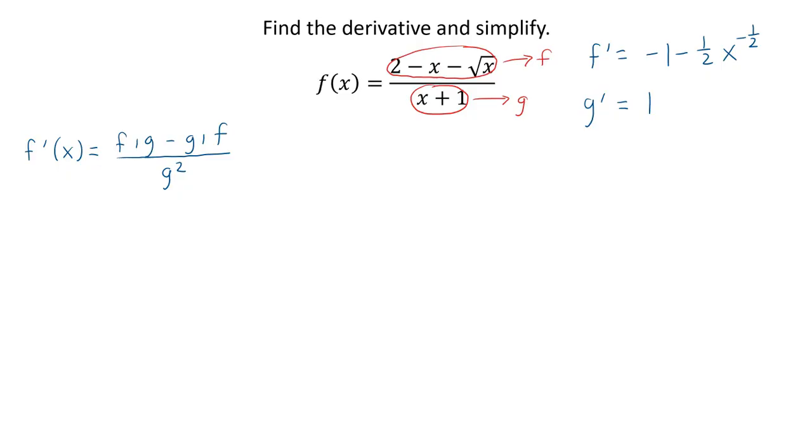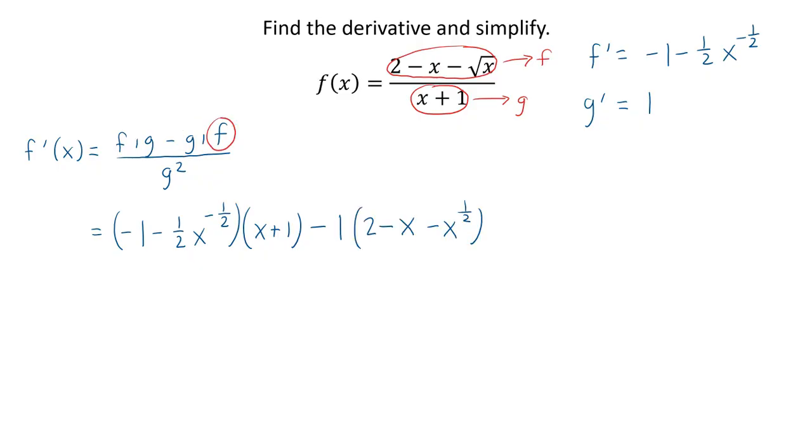Now we just plug this information into the quotient rule. f prime is negative 1 minus 1/2 x to the negative 1/2 power. We multiply that times g, which is x plus 1. We subtract from that the product of g prime, which is 1, times f, which is 2 minus x to the 1/2.